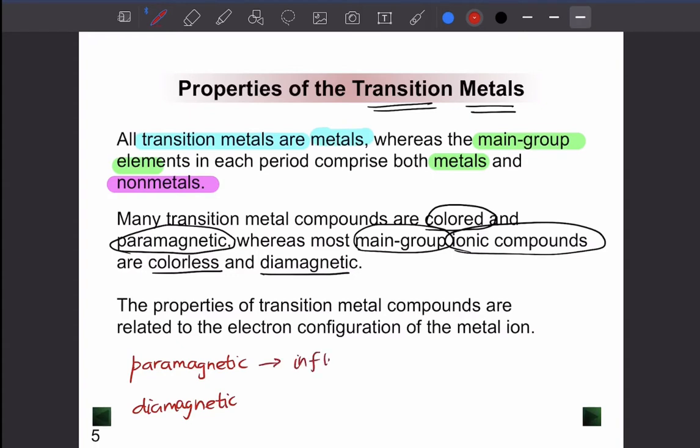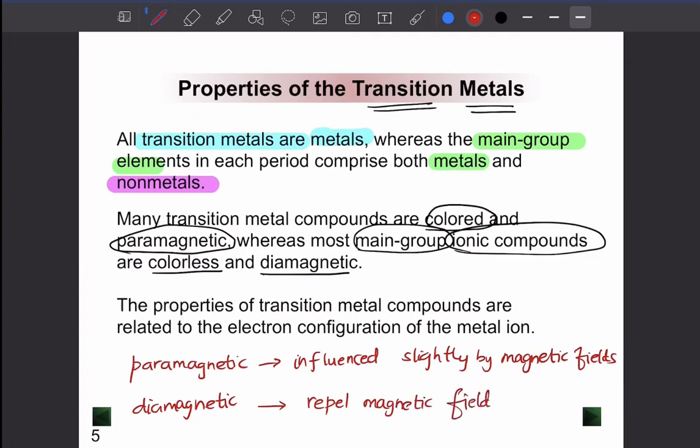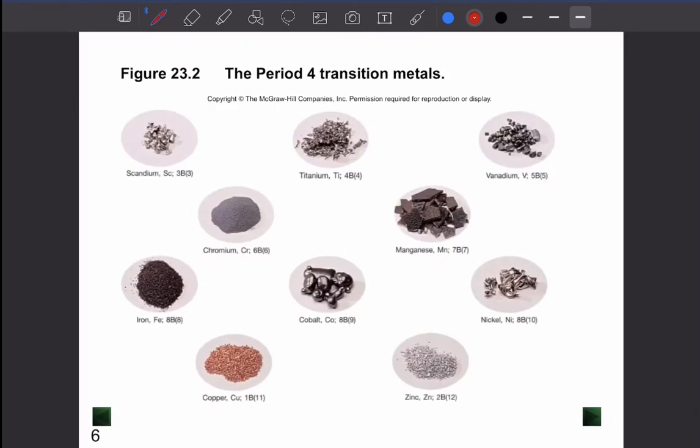A paramagnetic substance is influenced slightly by magnetic fields. Diamagnetic substances repel magnetic fields, or you can simply think that they are not influenced by magnetic fields.